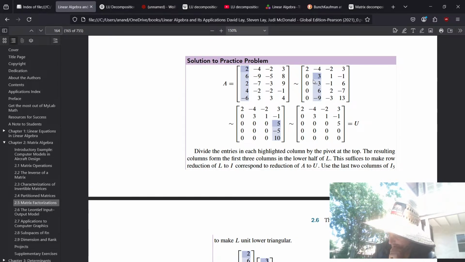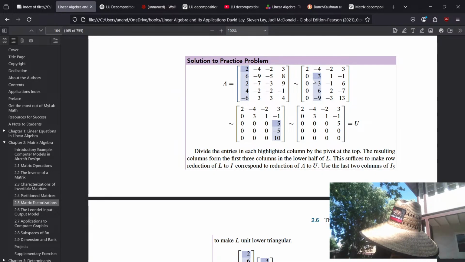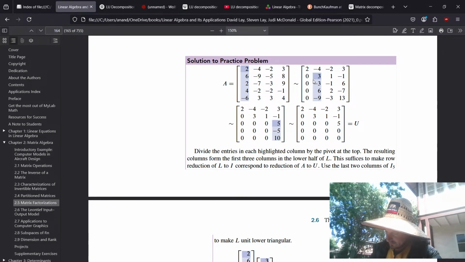So this is R4, 4, minus 2, minus 2, minus 1, minus 2 times R1, so plus minus 4, 8, 4, minus 6. So we get 0, 6, 2, minus 7. Yep.